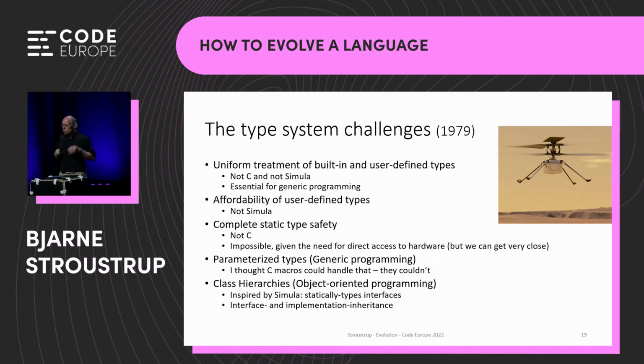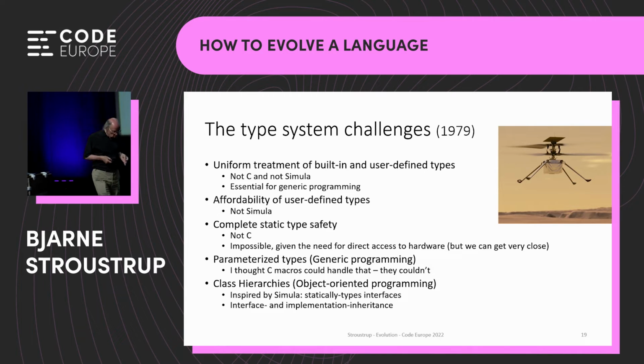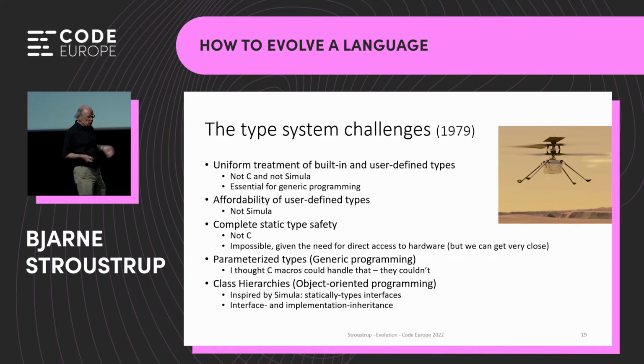And I wanted the user-defined types to be affordable. I wanted to be able to use these kinds of techniques on the kind of computers I was having at the time. When I designed this, I was dreaming of getting a 1 megabyte, 1 megahertz computer, but I couldn't afford one. You can write C++ for very small systems because it was born there, and it hasn't changed in that respect.